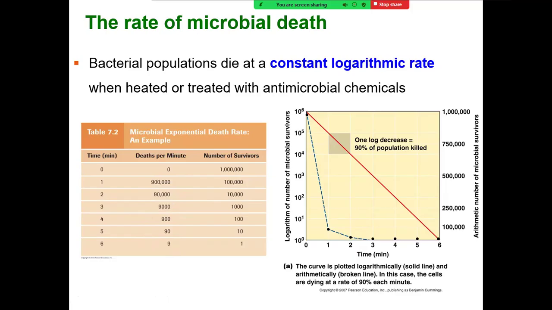10% living each time. And if you graph that, you'll see that the number of microbes on the log scale versus the time on the arithmetic scale will be a straight line, meaning y equals mx plus b, a real easy formula for explaining this. If we were to graph the number of cells, meaning not the log number but the total number of cells, the arithmetic number, versus the time here, you'd not get a nice equation.